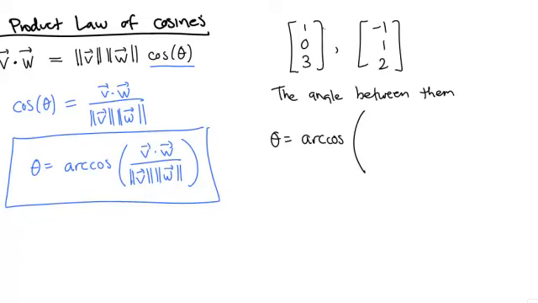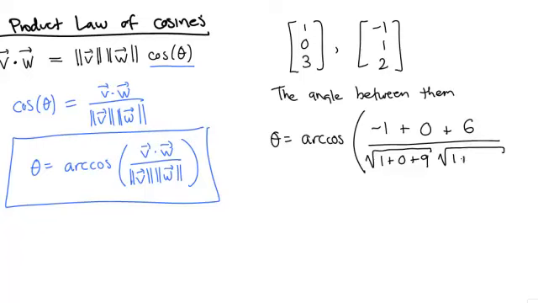So their dot product would be 1 times minus 1 plus 0 times 1 plus 3 times 2, which is 6, divided by the length of the first vector. Now the length of the first vector is the square root of 1 squared plus 0 squared plus 3 squared times the length of the second vector. The length of the second vector is the square root of 1 squared plus 1 squared plus 2 squared.